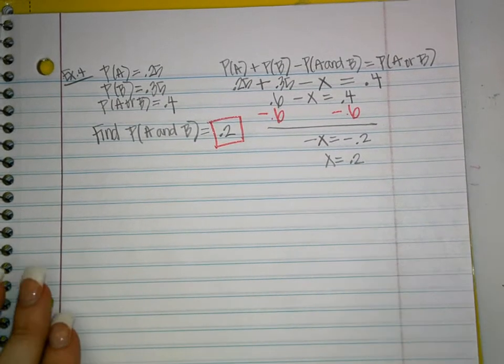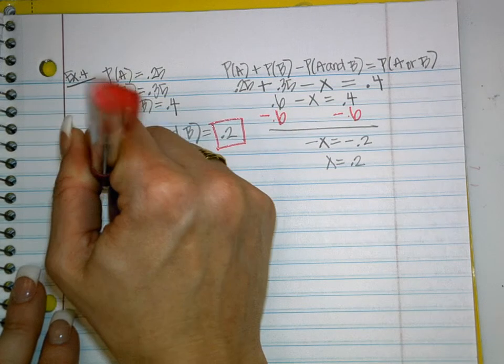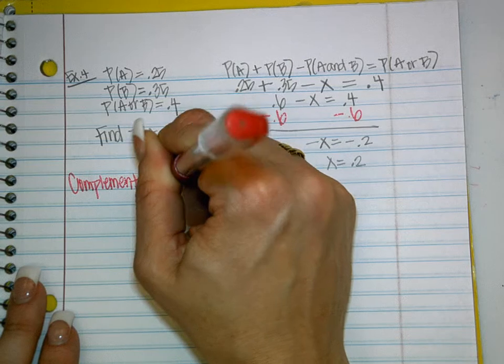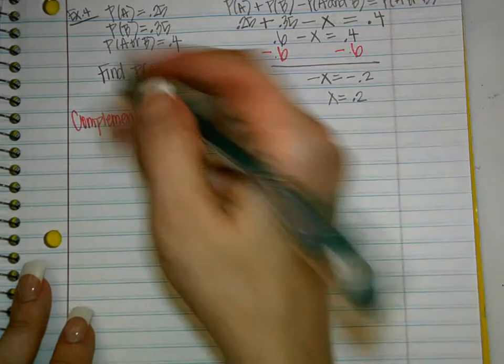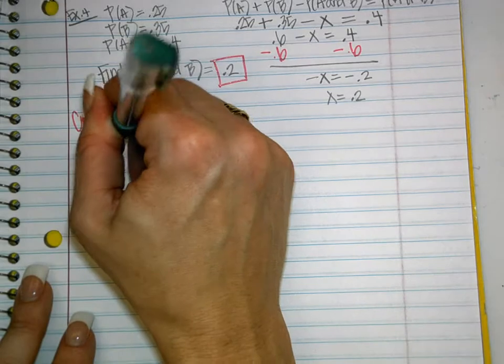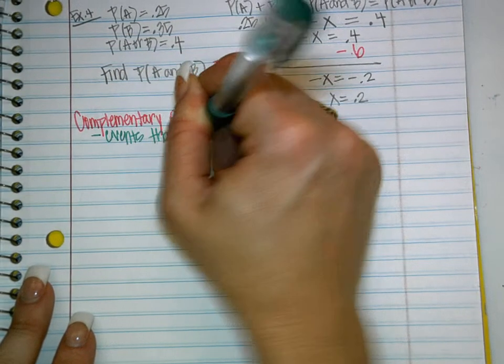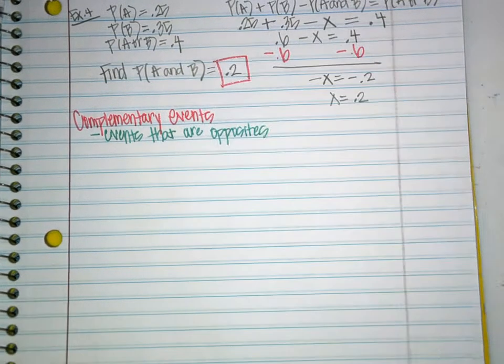Okay, the next thing we're going to go over is something called complementary events. Basically that is events that are opposites. So things that are opposite of each other.